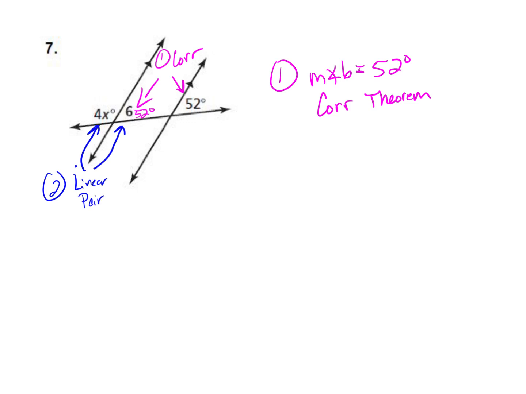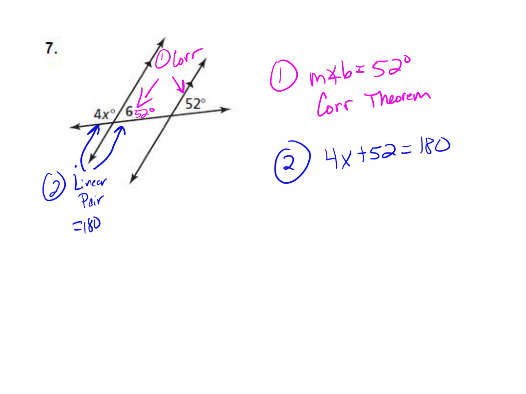And a linear pair does what? Are they congruent or equal 180? They equal 180. So since they equal 180, I can take that 4x, and does somebody know what we're going to do with it? 4x plus 52, and then they're going to equal how much? 180, because the linear pair adds together to equal 180.